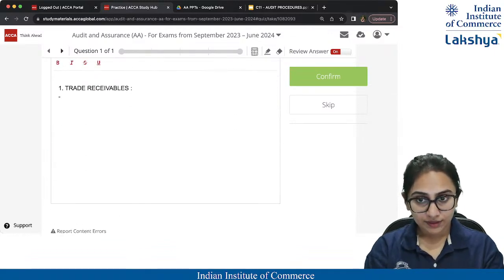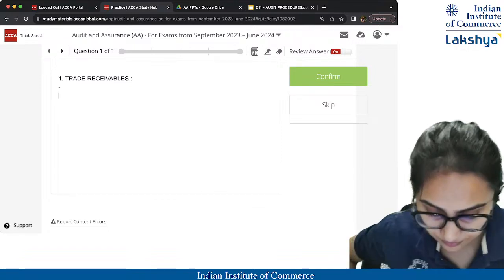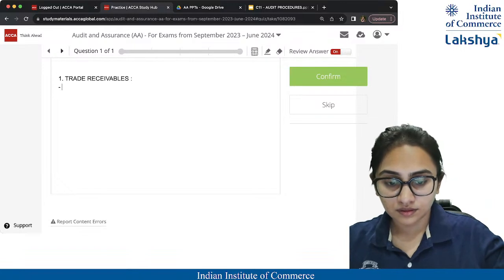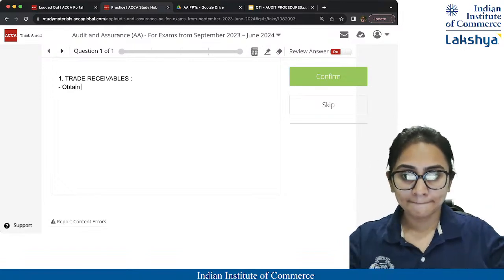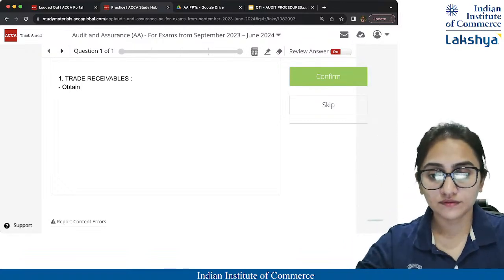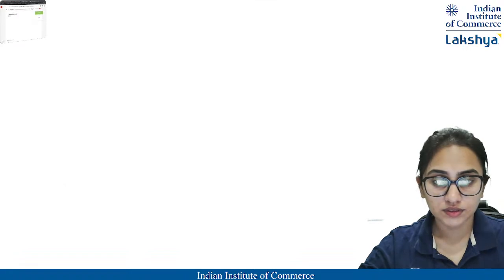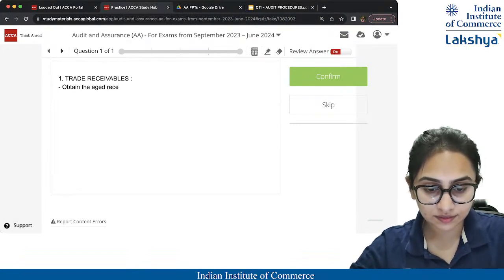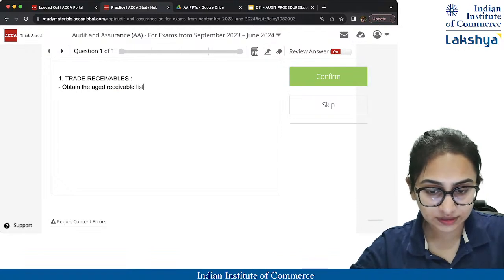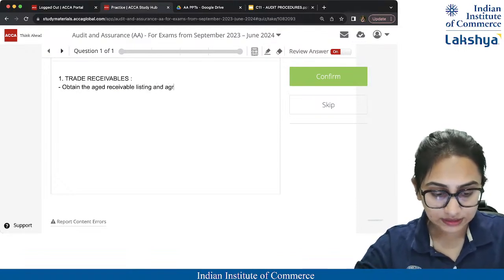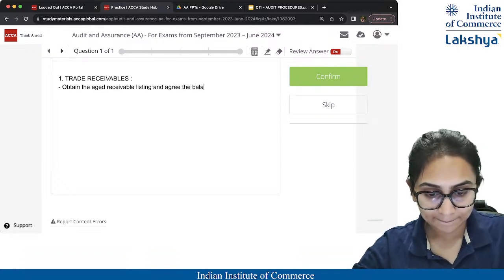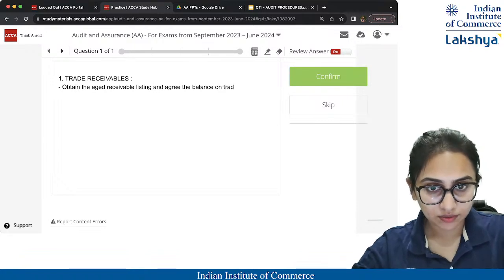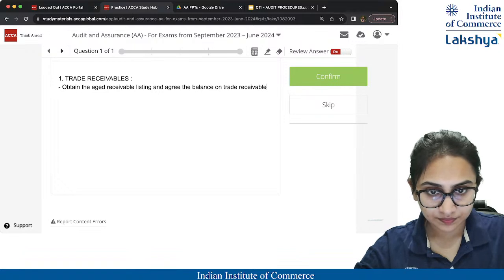First of all, the first thing that you will do is obtain the aged receivable listing and agree the balance on trade receivable account and trial balance.